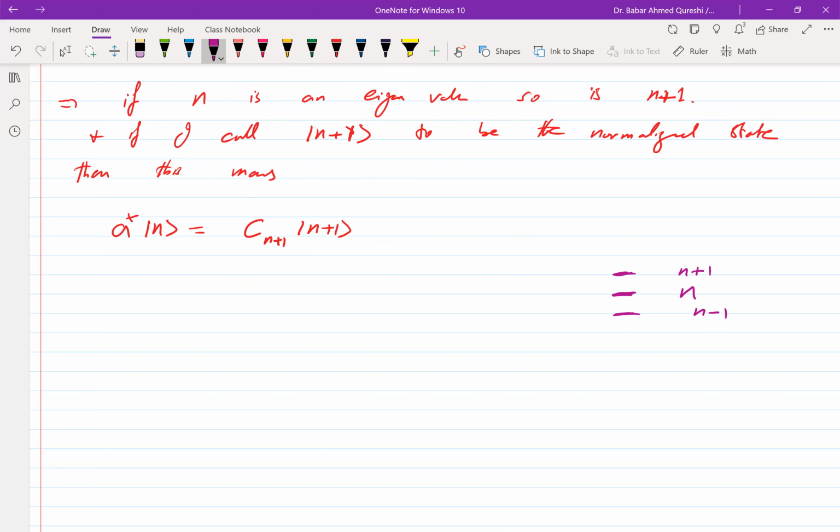If I have found the eigenvalue n minus 1, then by the same logic, this is an eigenstate. I can find an eigenvalue n minus 2 by acting with a. All I have to do is take this, act with a, and I'll get an eigenstate with eigenvalue n minus 2, guaranteed, with some constant Cn minus 1.